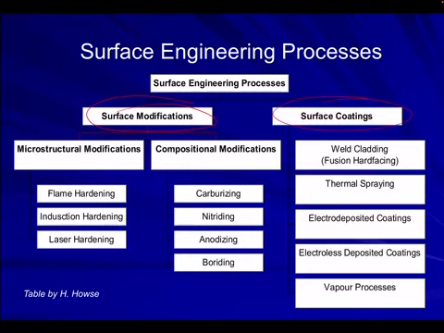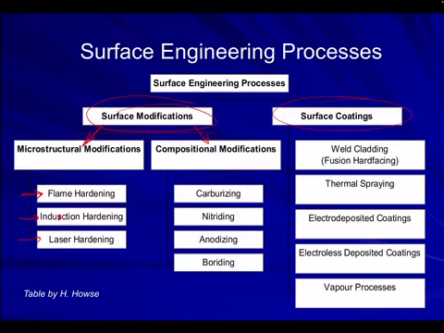Surface modifications are two things. First of all, microstructural modifications or compositional modification. So microstructurally, you can do flame hardening because, of course, hardening is going to improve it. Flame hardening, induction hardening, or laser hardening.